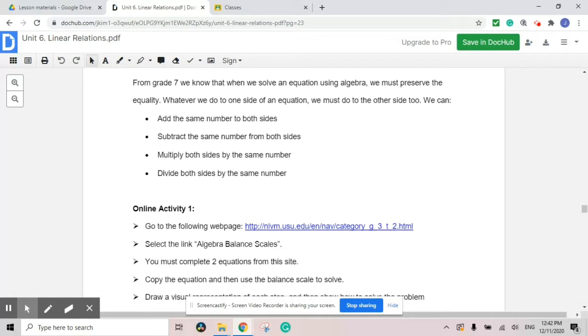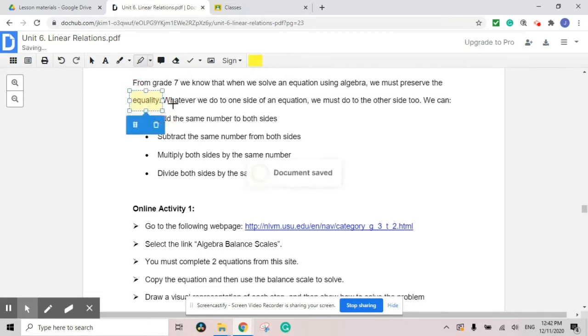From grade 7, we know that when we solve an equation using algebra, we must preserve the equality. That means you need to understand that an equation has an equal sign.